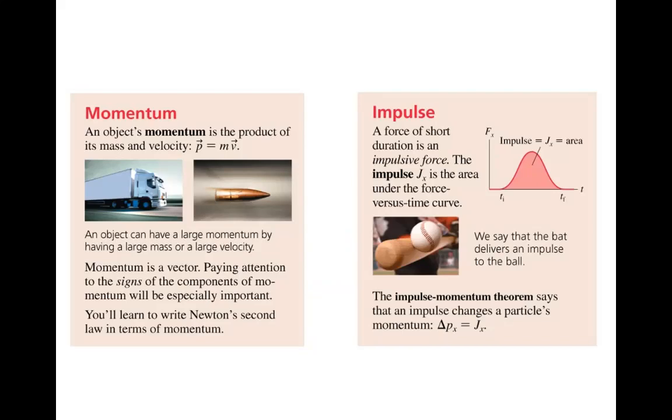When we look at impulse, impulse is the amount of force per time. And we typically relate this to the change in momentum. Let's look at the math for this really quickly. Momentum equals mass times velocity, and impulse is equal to force times time.